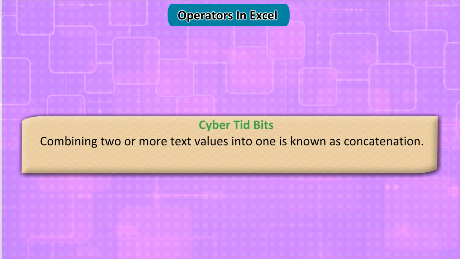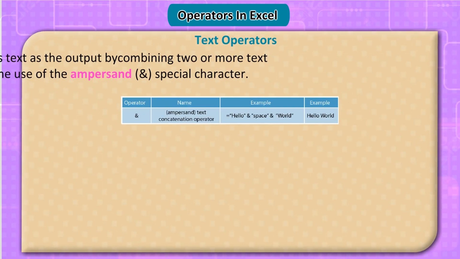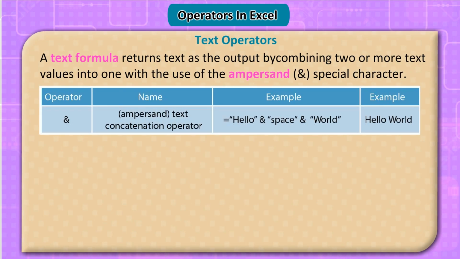Cyber tidbits. Combining two or more text values into one is known as concatenation. Text operators. A text formula returns text as the output by combining two or more text values into one with the use of the ampersand special character operator.